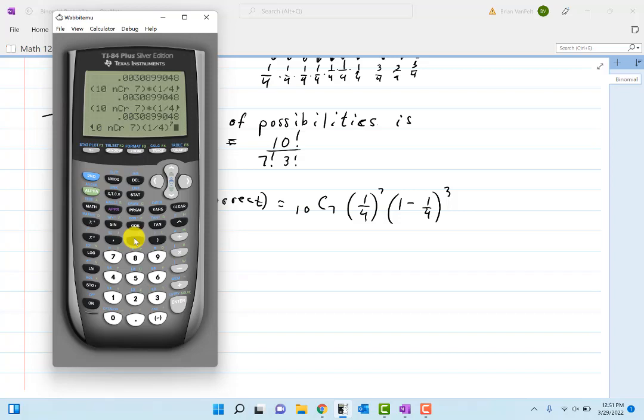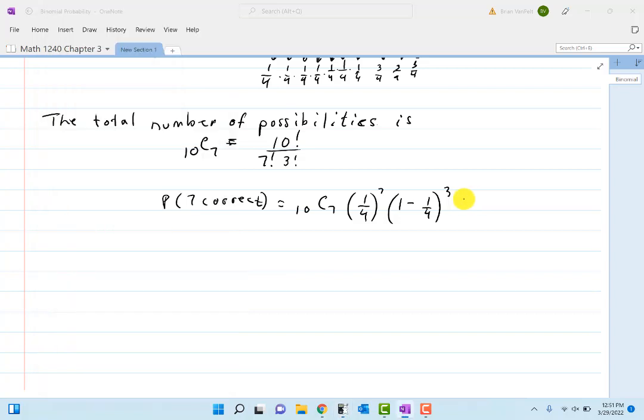And then we put a parenthesis, 1 minus 1/4. Don't forget to put the division here. Finish that parenthesis, and we want that raised to the third power. Enter. And we have 0.0031 approximately.